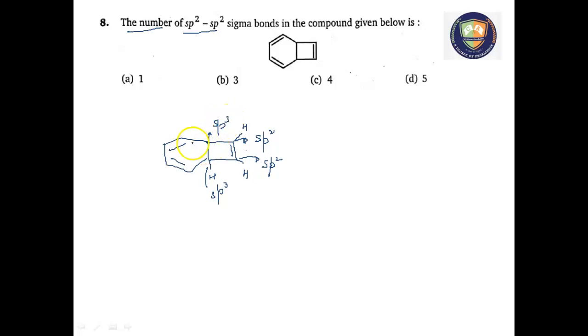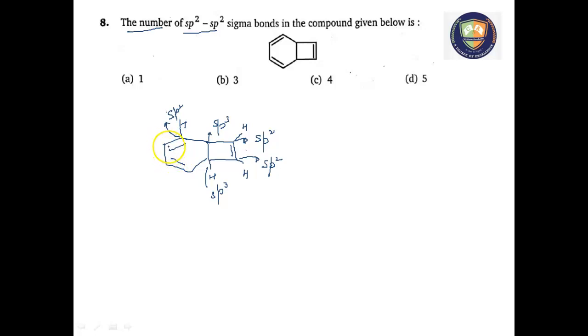Coming to the adjacent carbon, this one, you can see that this carbon has formed 2 carbon sigma bonds and 1 carbon-hydrogen bond. So this carbon is sp2 hybridized.